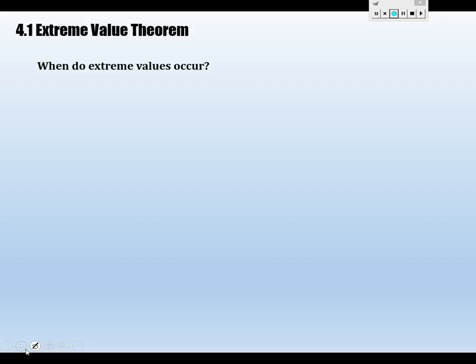A maximum occurs when there's no f of x higher within a given plus or minus tolerance, and you can put that tolerance as anything you want. For any given tolerance, there's no higher value within x plus or minus that tolerance.